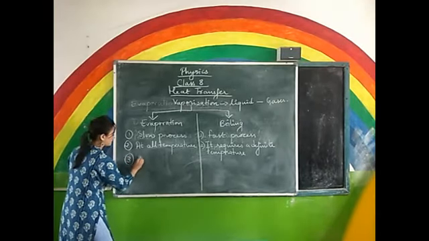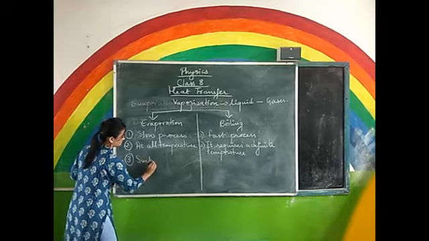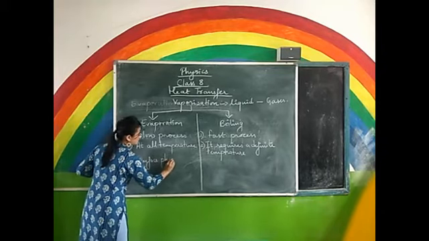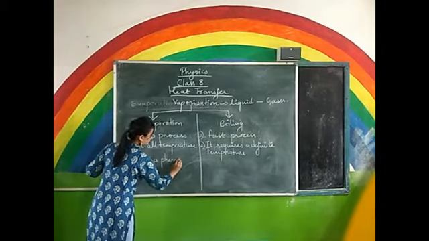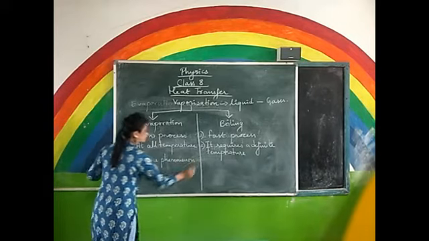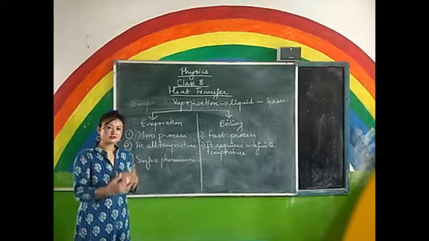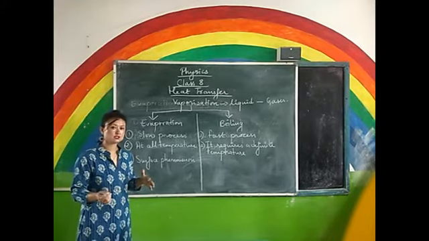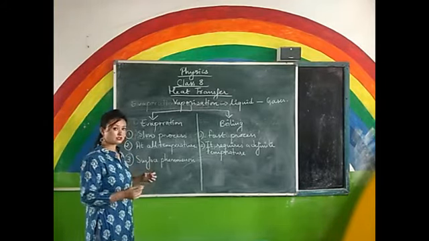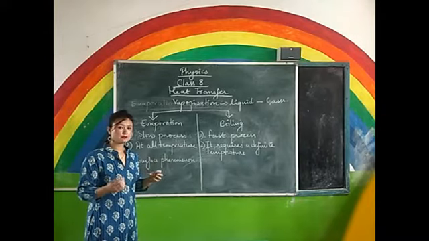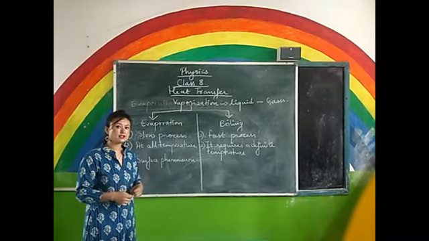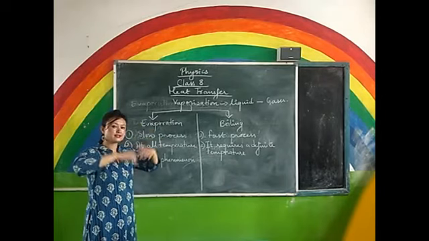Evaporation is a surface phenomenon. Surface phenomenon means it only takes place at the surface. And I explained to you why it takes place only at the surface. Because when the particles collide with each other, the particles which gain a lot of energy go up to the surface and escape out.